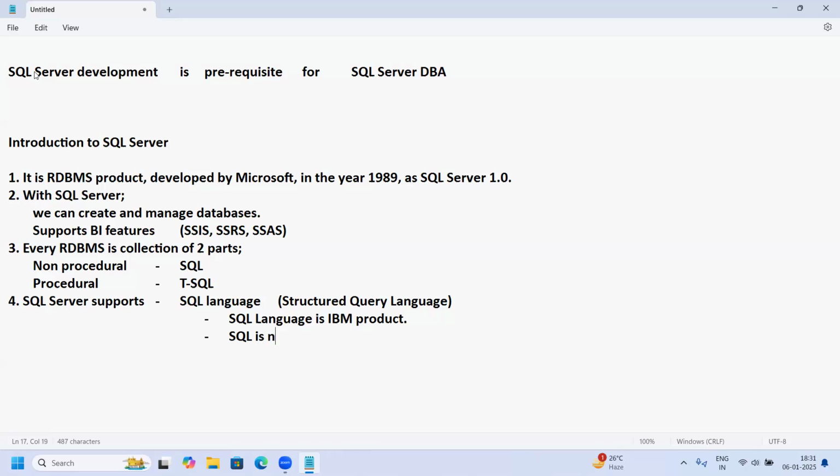And you can call SQL a non-procedural language. And one interesting thing, SQL is called what? Common database language.